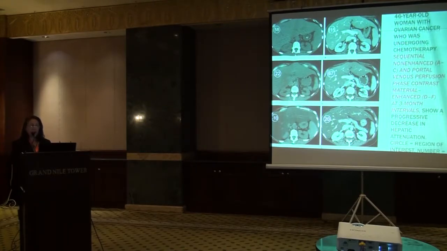Sequential non-enhanced CT and portal venous phase contrast material CT, with a 3 months apart follow-up, show a progressive decrease in the Hounsfield units and the hepatic attenuation, as shown in the circles.